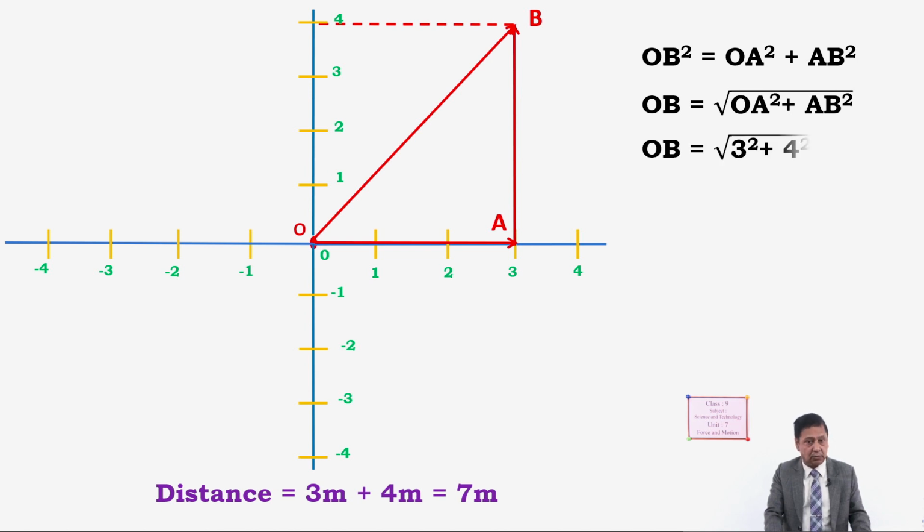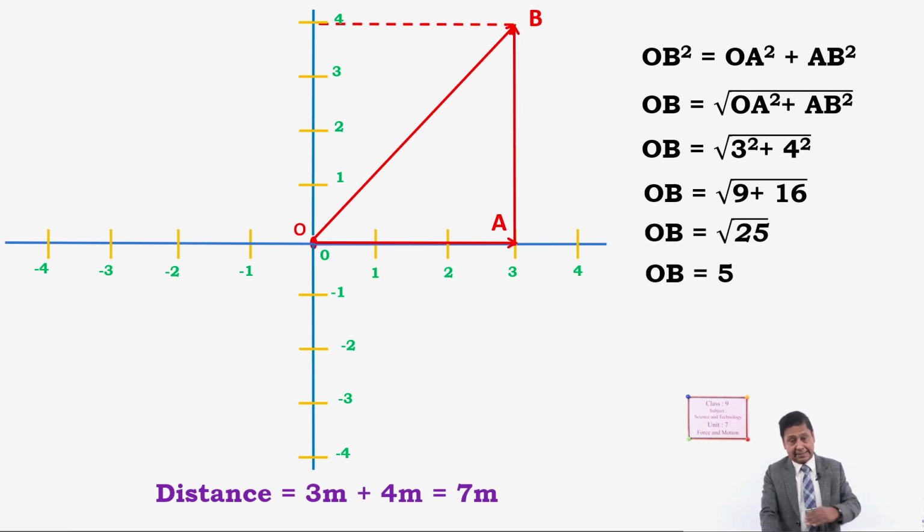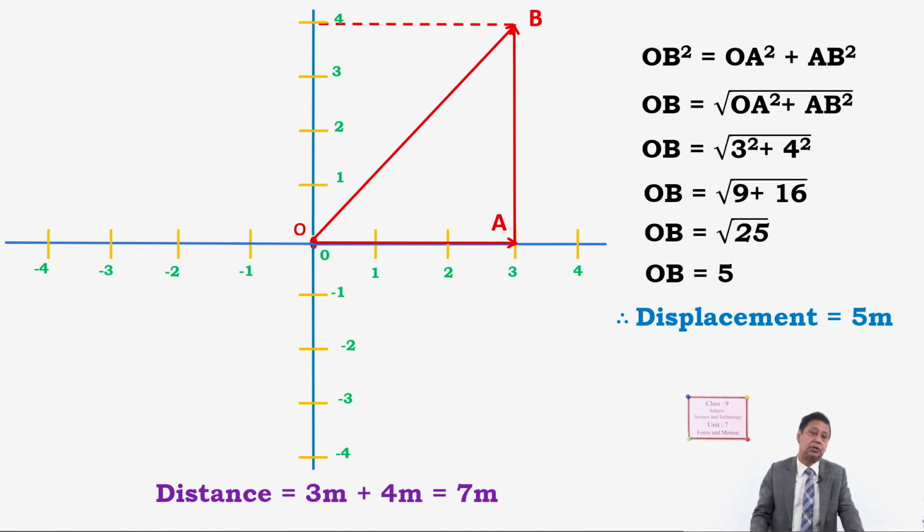If we take the values, then 3 square plus 4 square gives 9 plus 16, which is root over 25, and if the root is removed, then we have 5. It means displacement is 5 meter. The distance between O and B is 5 meter. This is the shortest distance between the initial and final position of the body and is called displacement. This way, graphically also, we can understand displacement.